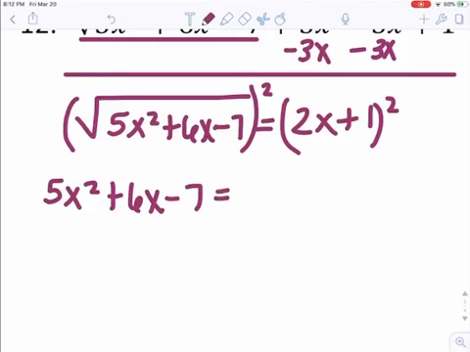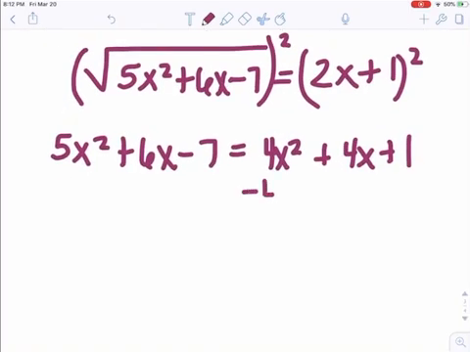I'm going to use the shortcut, or you could take the time to write it twice and FOIL it out. So I get 4x squared plus 4x, right? 2 times 1 is 2, times 2, that's 4, and then plus 1. Yay, solving by factoring. So I'm going to bring over this 4x squared, so I'm going to set everything equal to 0.